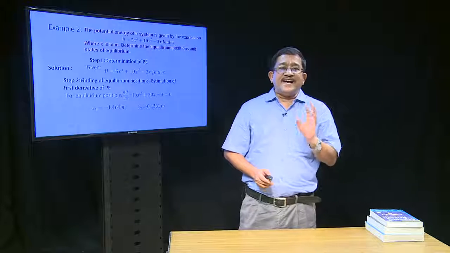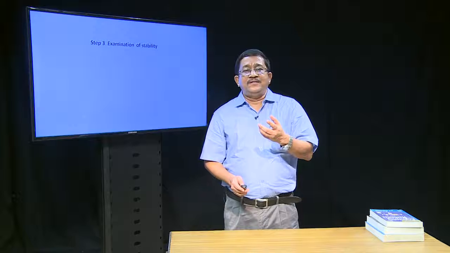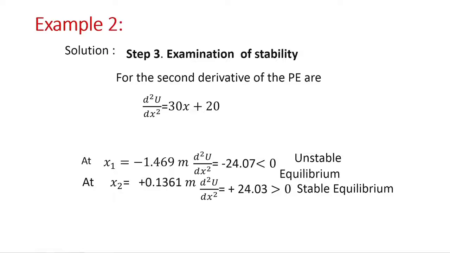Now in the second step, finding the equilibrium position, that is, estimation of the first derivative of potential energy. For the equilibrium position, from dU/dx = 0 we get two values: x1 = −1.469 and x2 = +0.1361 meter. Now step number 3, examination of stability.